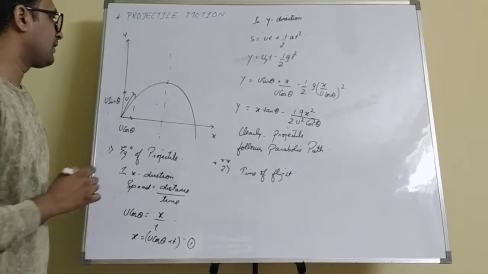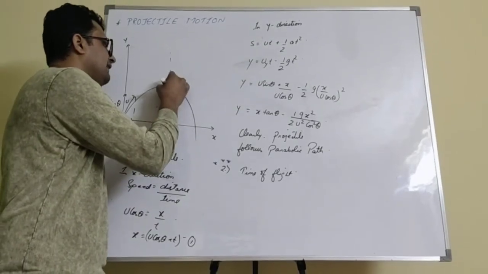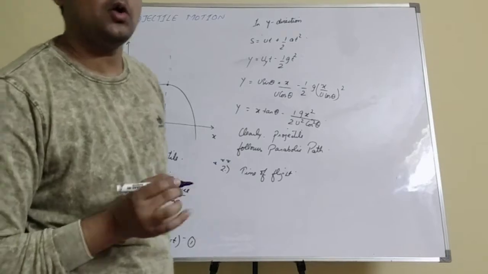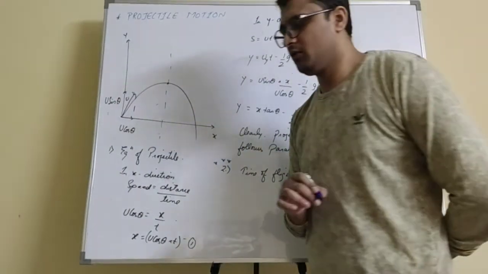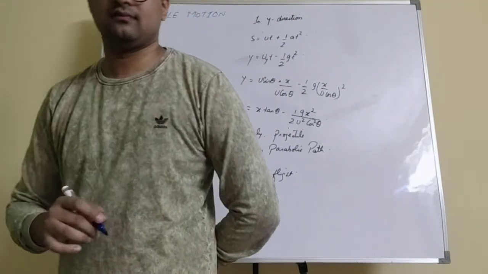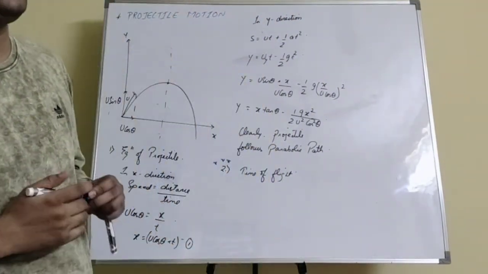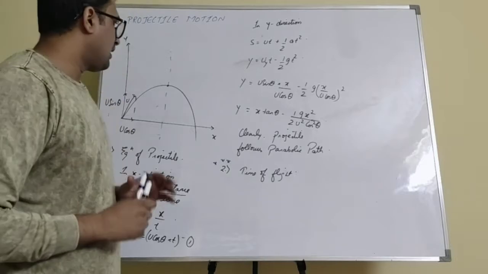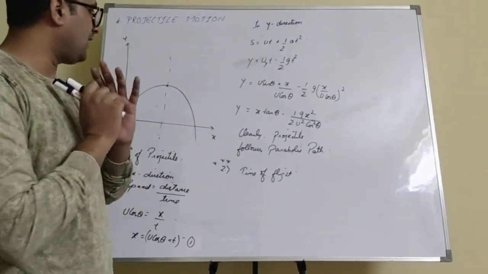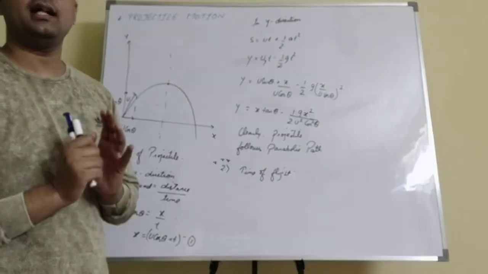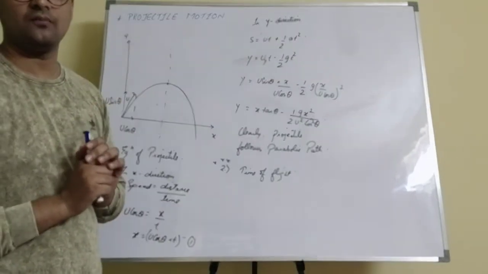Next thing is, what happens at maximum height? Can you tell me about velocity at maximum height? Many of you might be saying, sir, velocity at maximum height will be 0. No, beta. I want you to understand very clearly that velocity at maximum height is not 0.